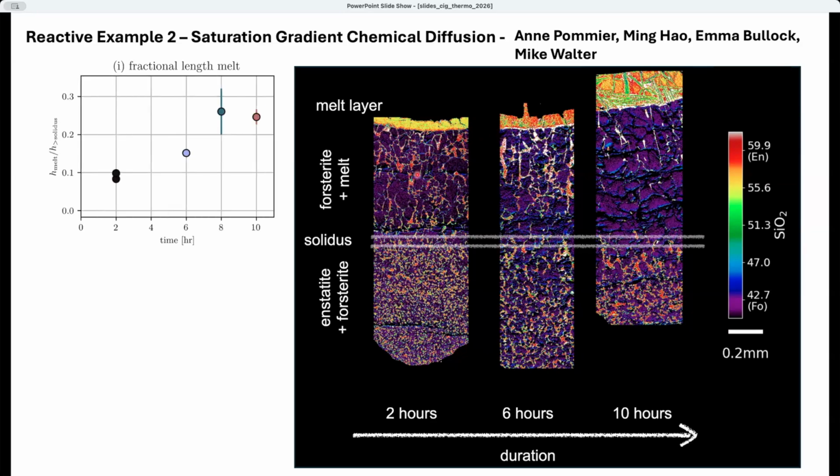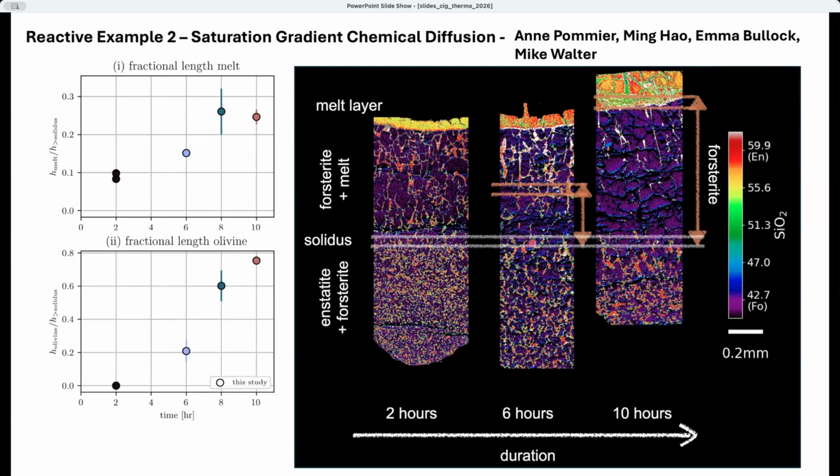So we can see that this melt layer is growing with time, with the duration of the experiment. And a little harder to see, but we can also see a pure forsterite layer segregating out of the system above the solidus in this layer here.